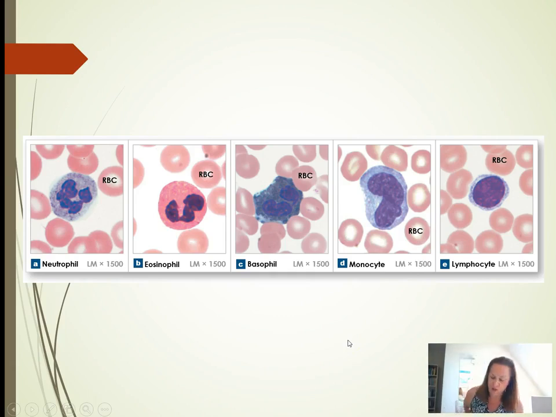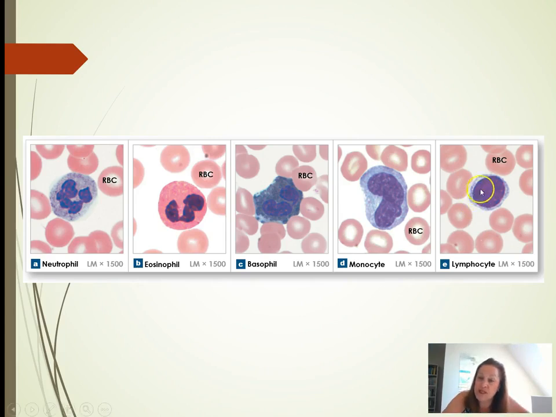Lymphocytes are 25% of all white blood cells. They're found everywhere, in the nodes, in the spleen, in the lymph vessels, but rarely they're found in the blood. We're going to talk about B and T lymphocytes over and over again in the immune system chapter. The T lymphocytes directly attack virus and cancerous cells.